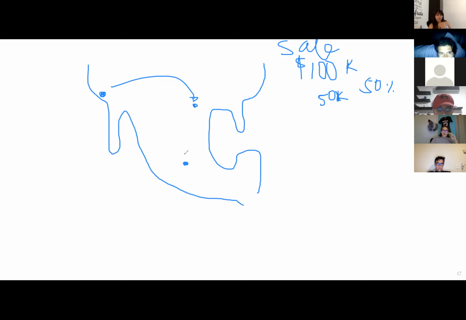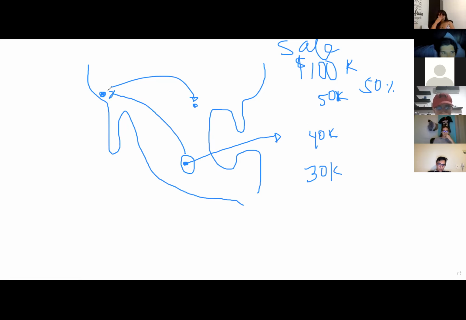What if I decide to open one company here because I see that I can drop the cost down to 40K per car? But because I'm very smart and I'm Elon Musk, I decide to buy it for 30K from my subsidiary because I own it. I tell my subsidiary, sell it to me for 30K.